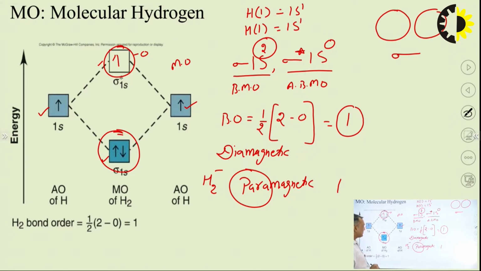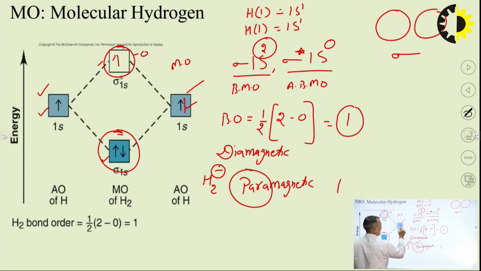Now, I would like to discuss one more thing that generally confuses, that this is a minus charge. Where will we add the electron, in this energy level or in this energy level? You can add the electron in any energy level.